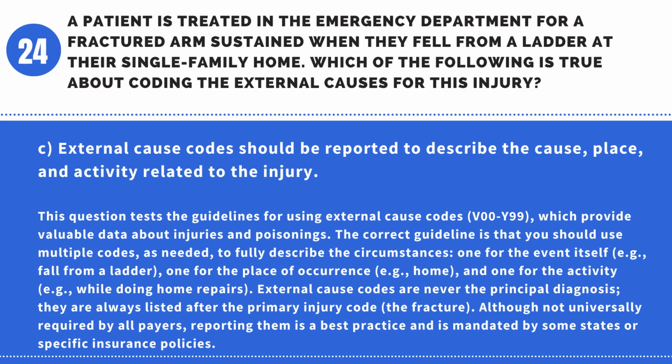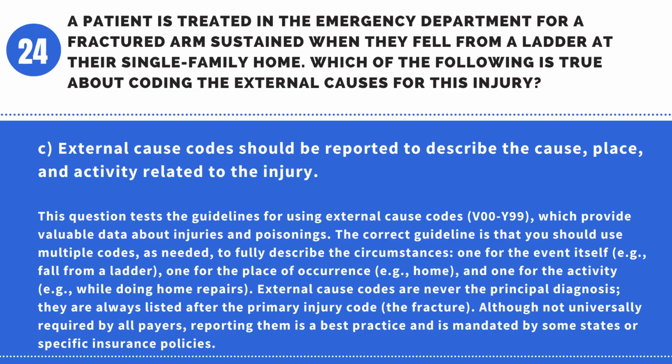Answer: C. External cause codes should be reported to describe the cause, place, and activity related to the injury. This question tests the guidelines for using external cause codes, V00-Y99, which provide valuable data about injuries and poisonings. The correct guideline is that you should use multiple codes, as needed, to fully describe the circumstances, one for the event itself, e.g., fall from a ladder, one for the place of occurrence, e.g., home, and one for the activity, e.g., while doing home repairs.